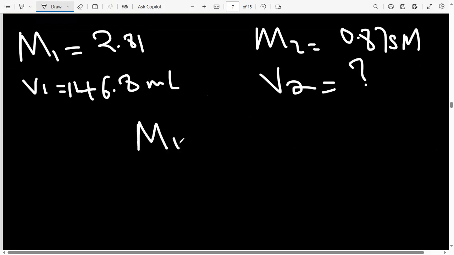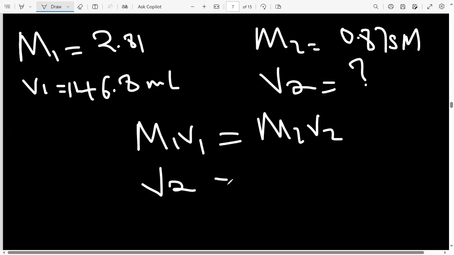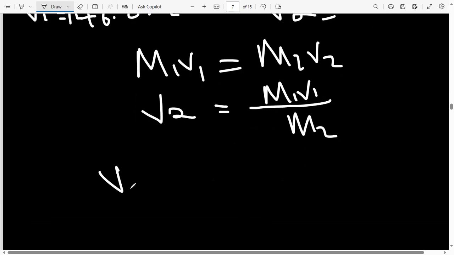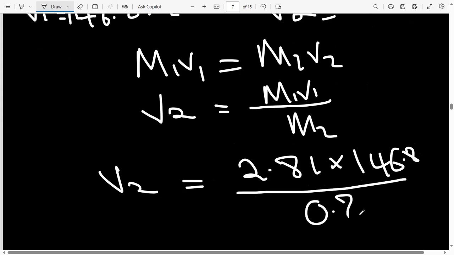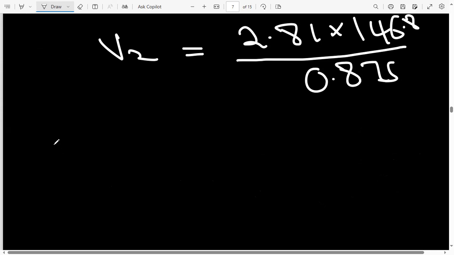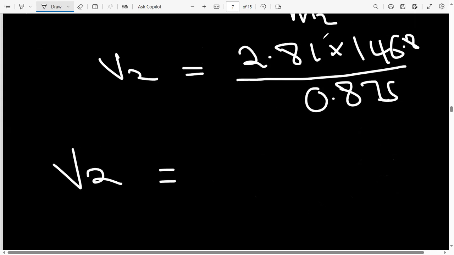Our formula is M1 V1 equal to M2 V2, so we can make V2 the subject so that we have M1 V1 divided by M2. So V2 is equal to 2.81 multiplied by 146.8 divided by 0.875.